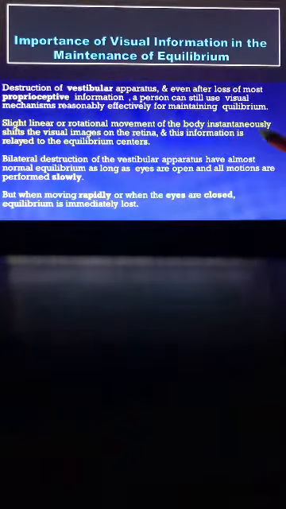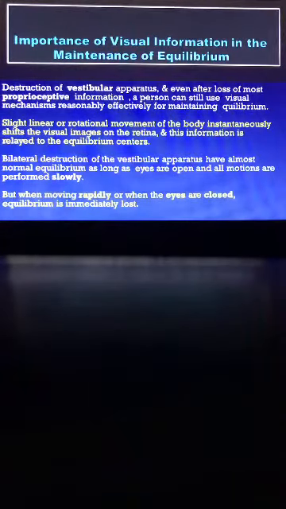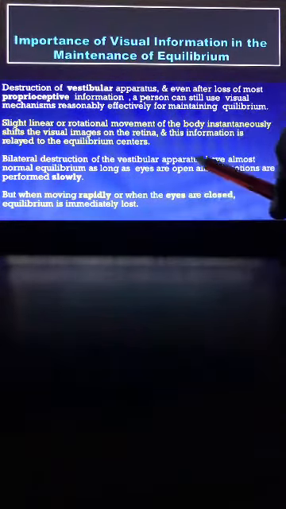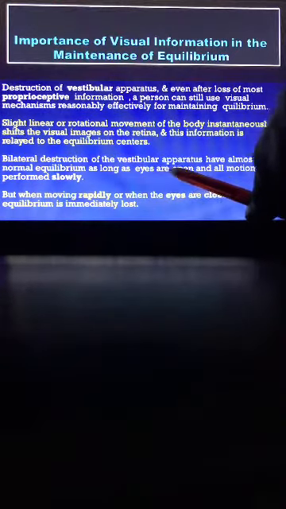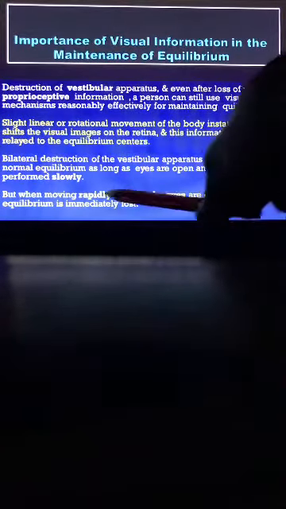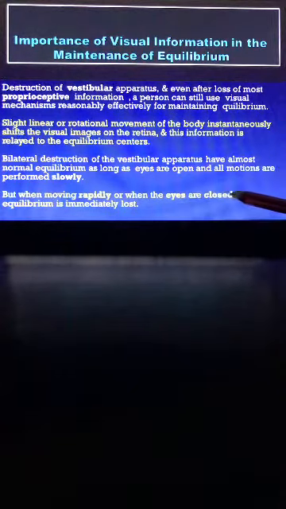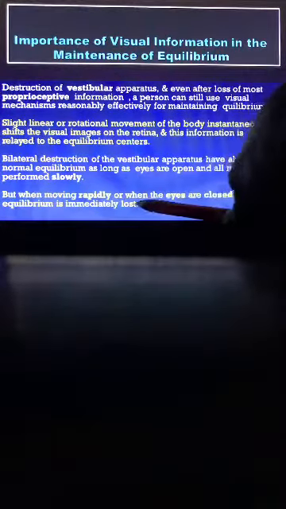Slight linear or rotational movements of the body instantaneously shift the visual image on the retina, and this information is relayed to the equilibrium center. Bilateral destruction of the vestibular apparatus have almost normal equilibrium as long as eyes are open and all motions are performed slowly. But when moving rapidly or when the eyes are closed, equilibrium is immediately lost.